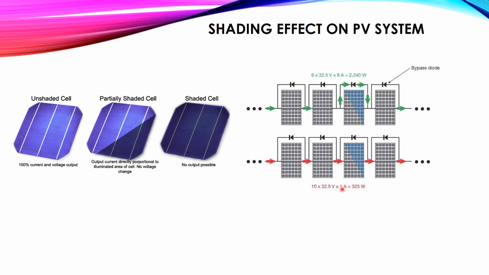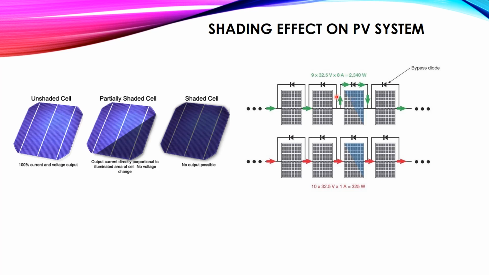Ampere is forced to become 1 due to the presence of the shaded PV panel. So this will produce a power of 325. So the power here is reduced compared to the first case of the bypass diode. So this is why the bypass diode is important and exists in our PV system.